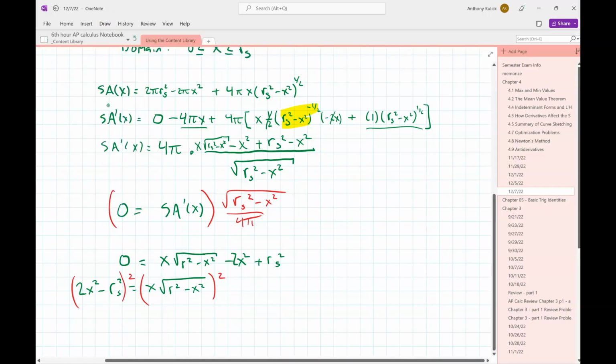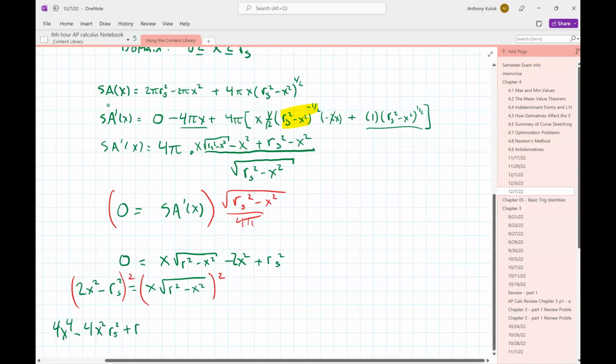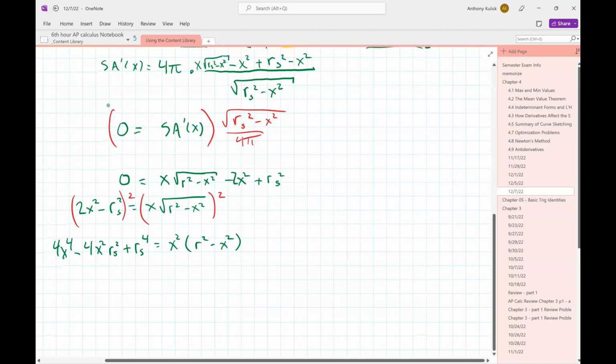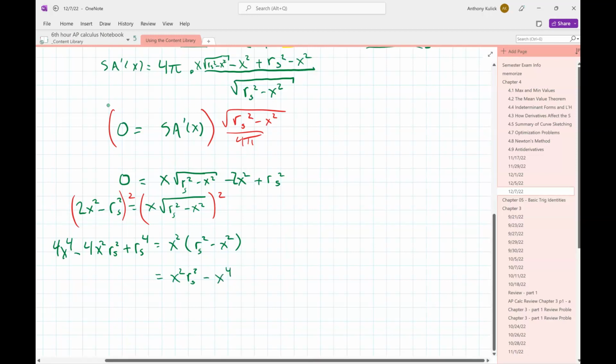Now the left-hand side I have to FOIL out. And then I'll distribute through my x squared.